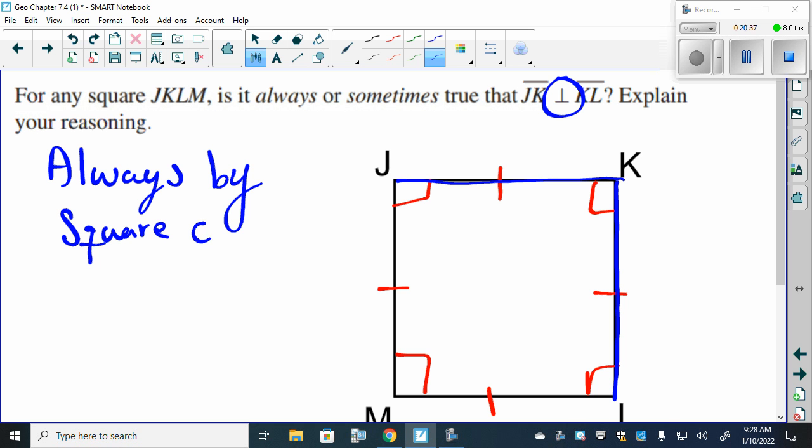C-O-R-O-L-L-A-R-Y. Corollary. By a square corollary. Because that's just by what a square is. Because a square is going to have 4 right angles. So any place where the two sides meet will be perpendicular to each other. Questions on this here?